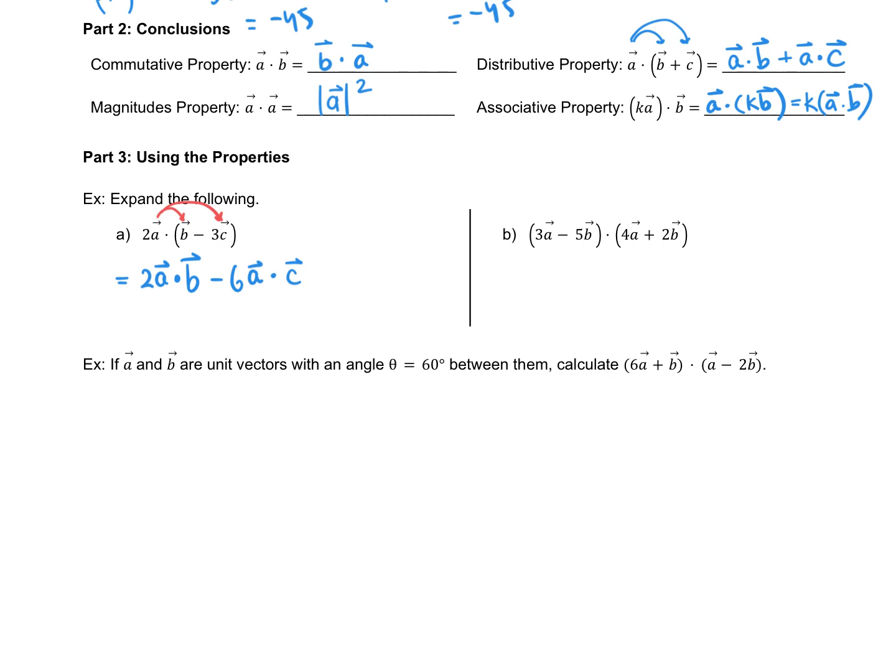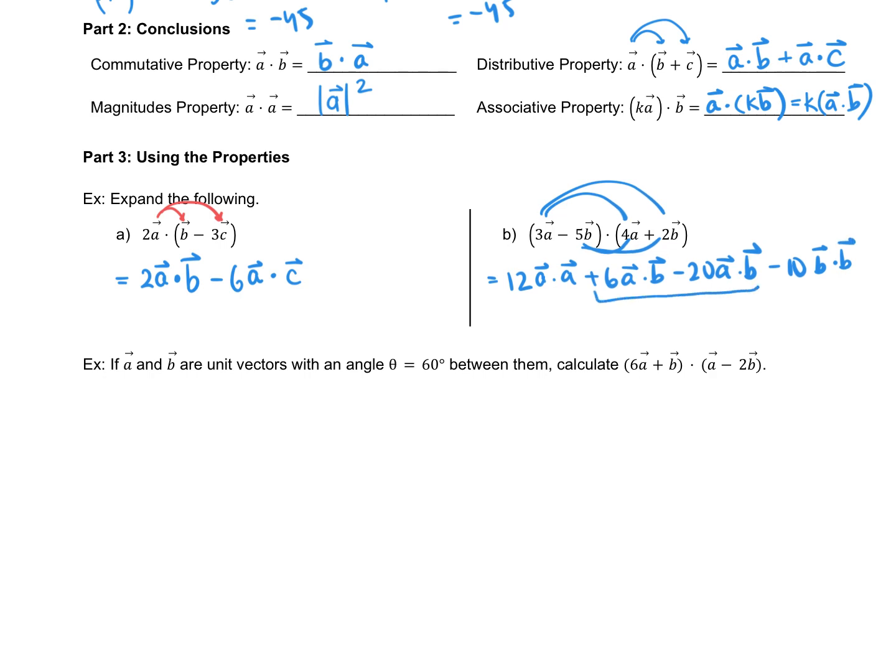Okay, what about binomial with binomial? So 3 times 4 is 12, and then we'll have A dot A. 3 times 2 is 6, and then A dot vector B. -5 times 4 is -20, and then A dot vector B. -5 times 2 is -10, vector B dot itself.